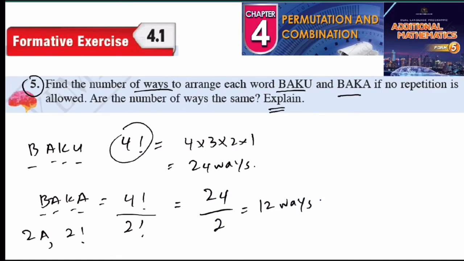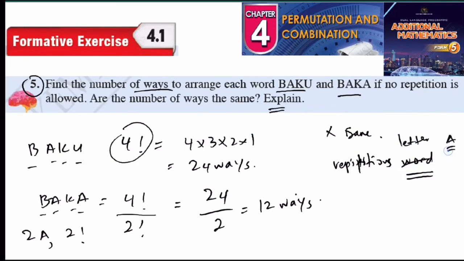The number of ways will be less than BAKU due to the repetition of the A. That is why we have to divide the number of ways by the identical object that is repeating. Okay, so let's proceed to the next question.